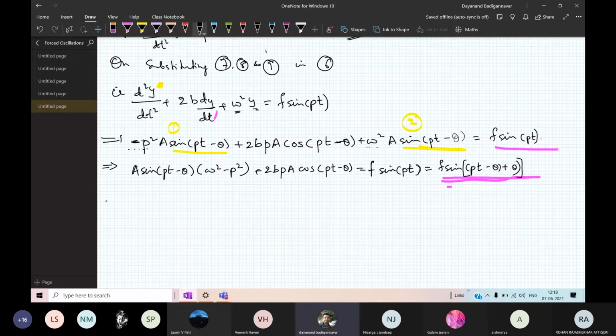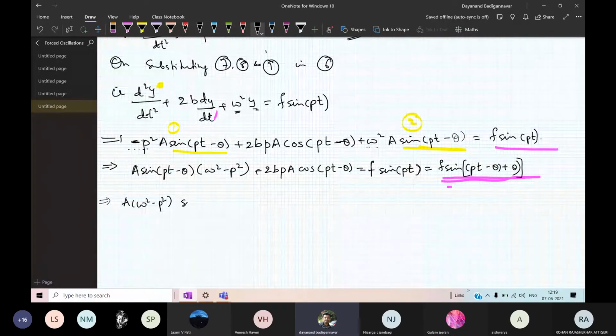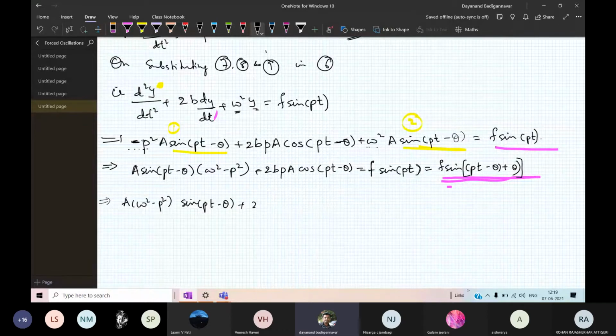So a into omega square minus p square into sine of PT minus theta plus second term 2b pa into cos of PT minus theta as it is, that is equal to, now we expand this one.